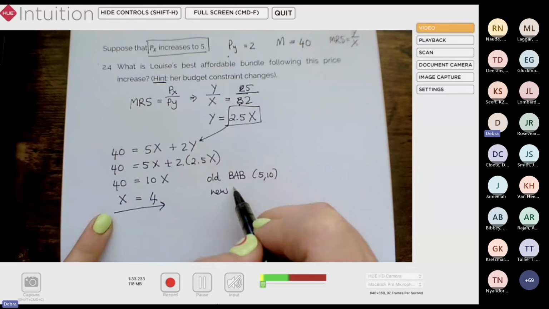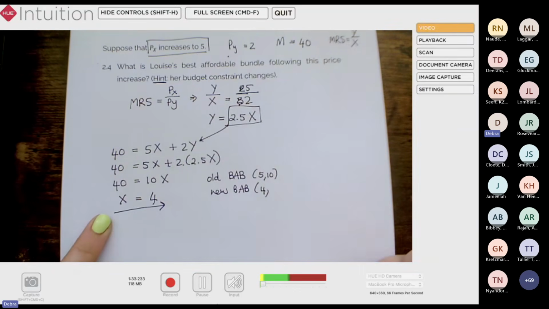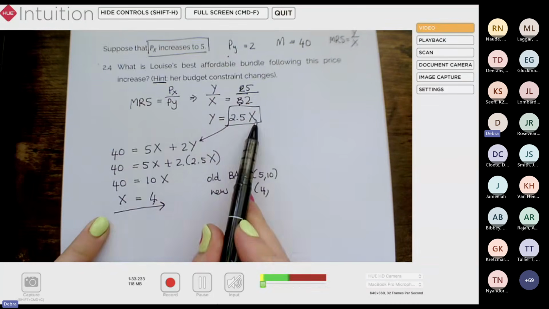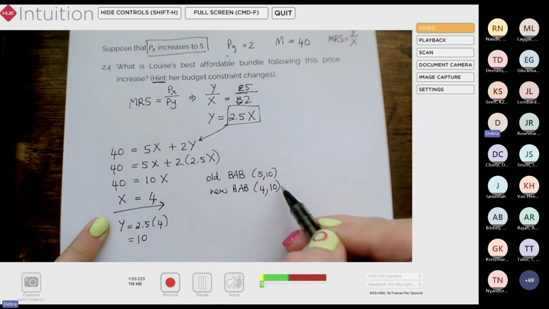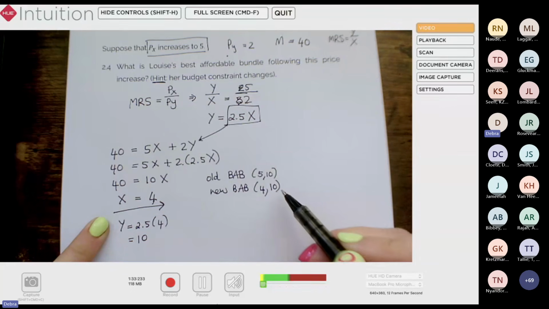My new best affordable bundle has 4x. I now need to find out how much Y based on this value of X. So Y must be 2.5 times X. So Y is equal to 2.5 times 4, which is 10. So my Y hasn't changed. My X has gone down, but my Y has stayed the same.